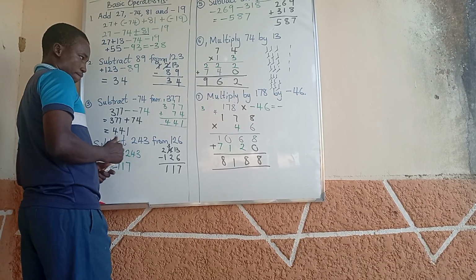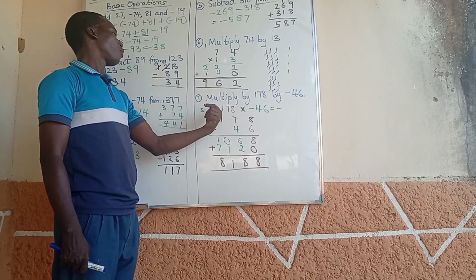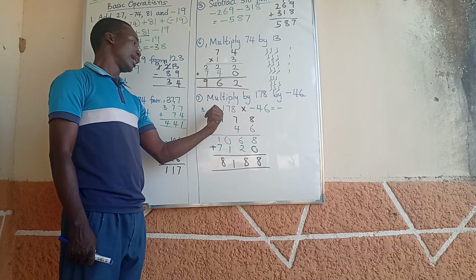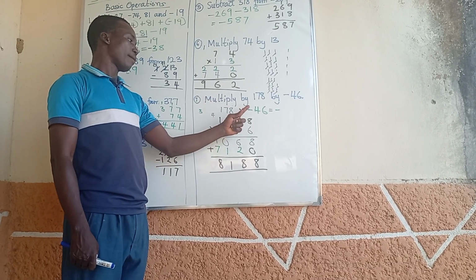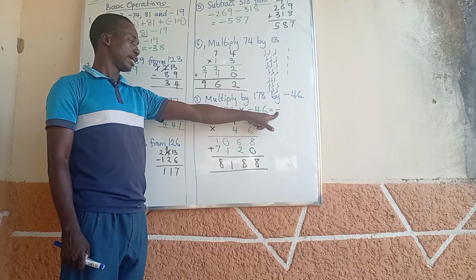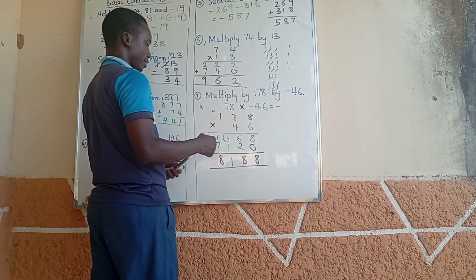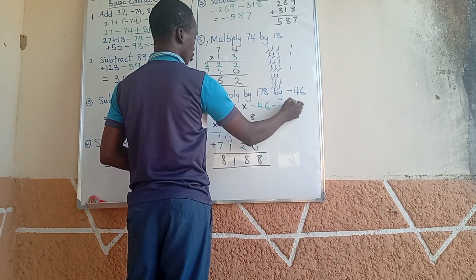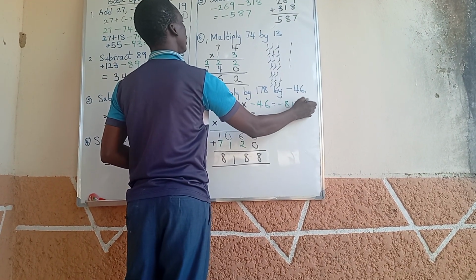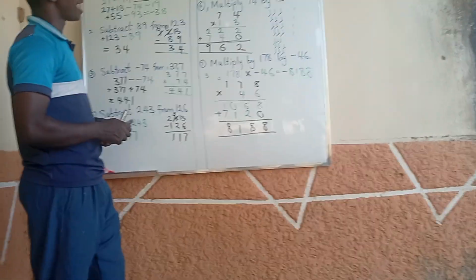But remember that we've said that positive multiplied by negative will give us negative. Then we write our answer there. So our final answer is going to be minus 8188.